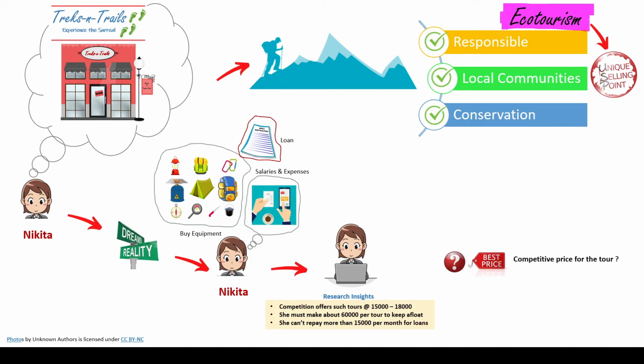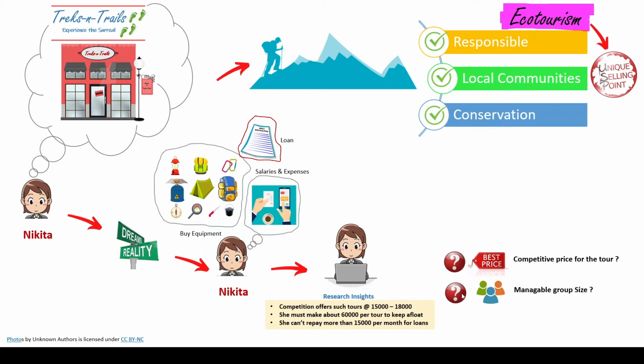As she's digging deep into her research, she has some questions. What is the best price that she can offer for her treks? This would have to be competitive in this price range. What is the most manageable group size?